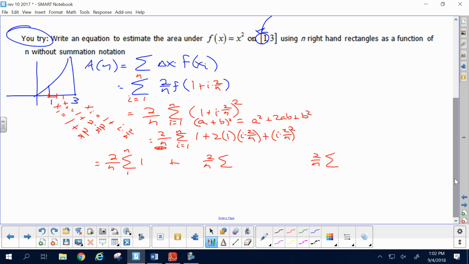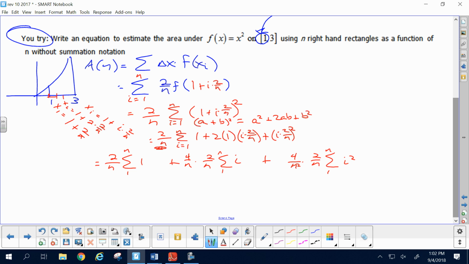Do you see that? Now the 4 over n, can I pull that out front? Leaving me with just the i's. You see? And then the last guy, I could square both, and the 4 over n squared I could pull out front, leaving me with just what inside the summation? I squared.